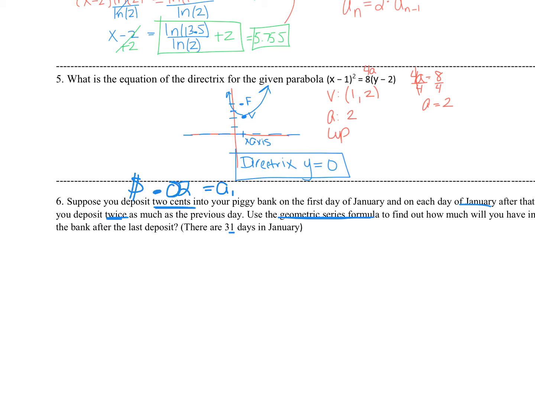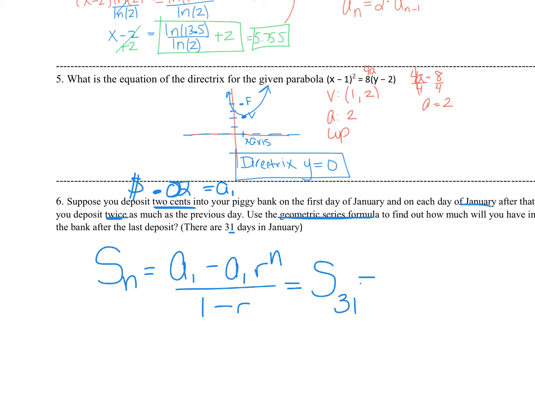There are 31 days. So this geometric series formula is on your reference sheet. Sn equals A1 minus A1 r to the n all over 1 minus r. Okay, and then I'm going to plug in. So I want the sum of 31 days, so that's your n.